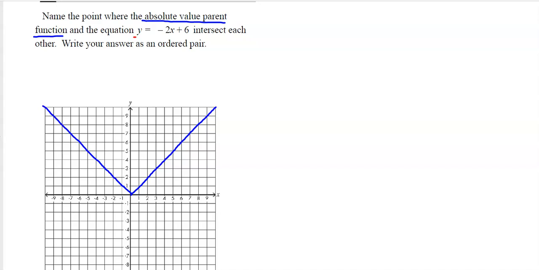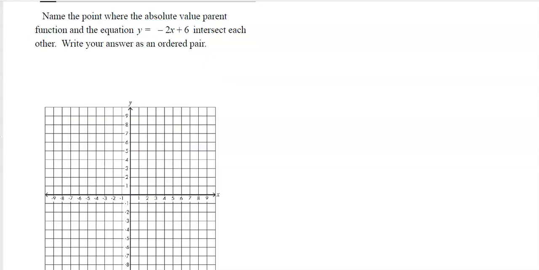And then we got to do y equals negative 2x plus 6, cross at positive 6, slope of negative 2. And I believe I just got our intersection point. It lives right there, which is at 2, 2.